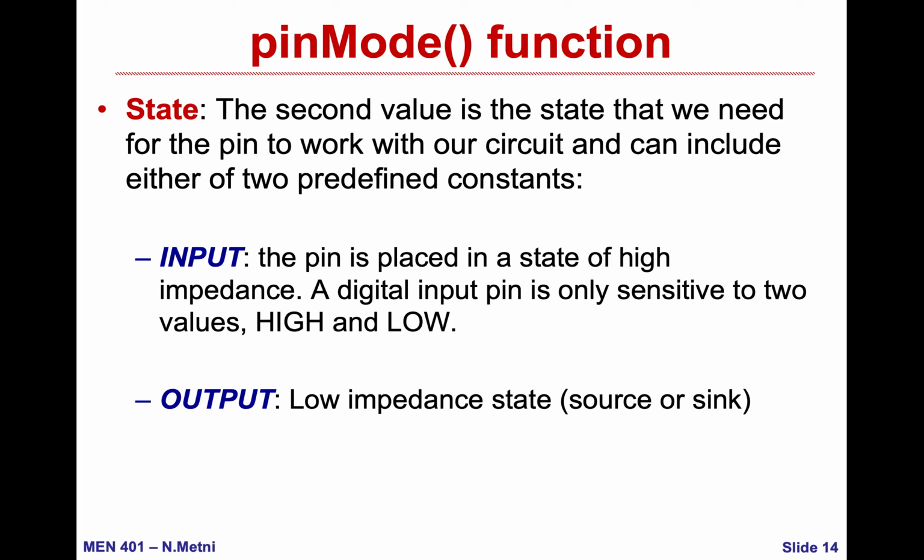When I arrive at the obstacle, it will give me high and something will be done, etc. In this case, it's high impedance, because I am getting a voltage from the outside world. In the case where the pin is considered an output, the pin will be low impedance to be able to connect to many other devices.